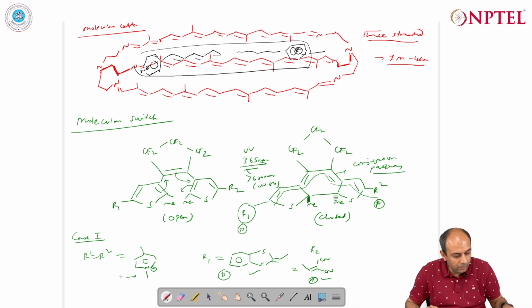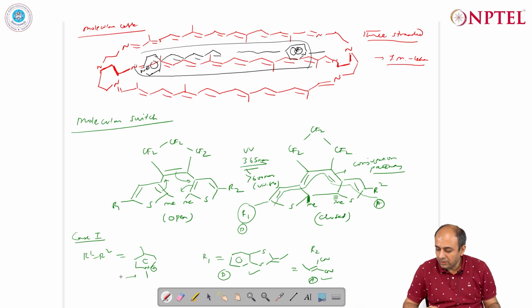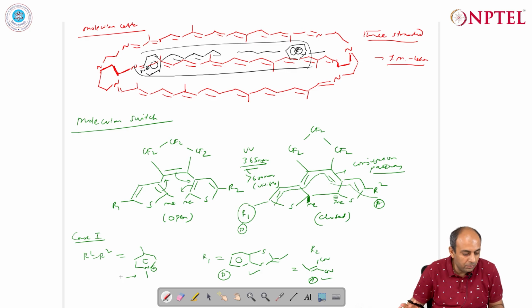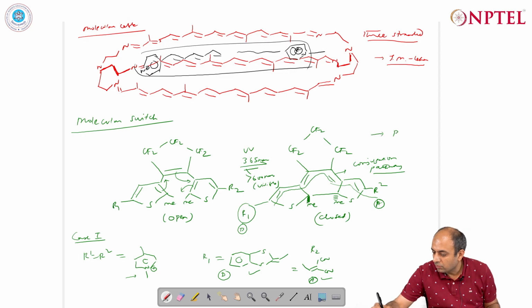This is a very interesting case of a molecular switch. What happens is that this electronic communication between the donor and the acceptor is what constitutes a push-pull system.